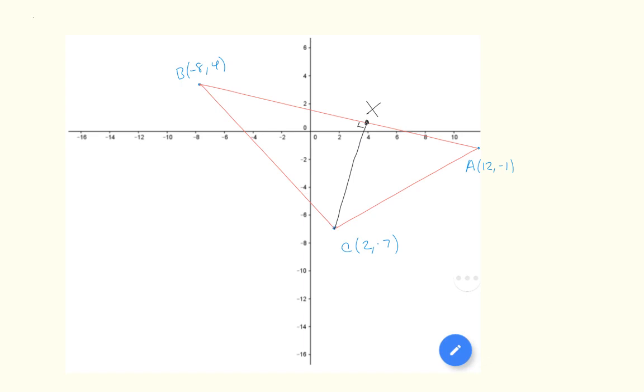The second part of the original instructions that we were given was to find the area of triangle ABC, right? And that isn't so hard because we know, first of all, that the area of a triangle is half times base times height, right? You might know it as base times height divided by 2.